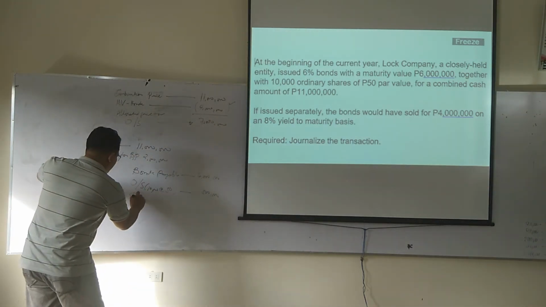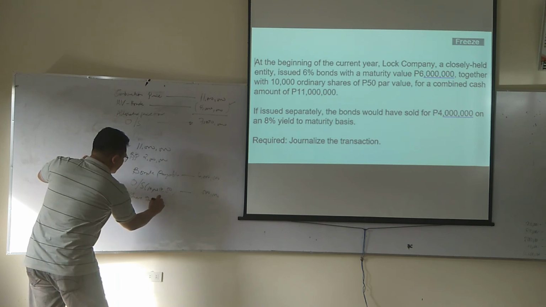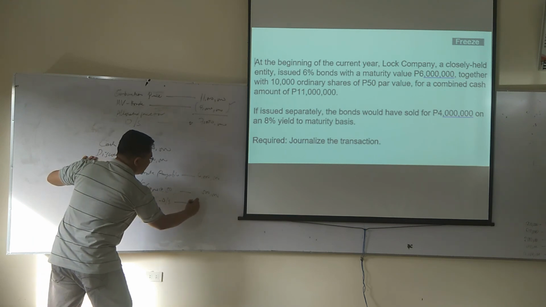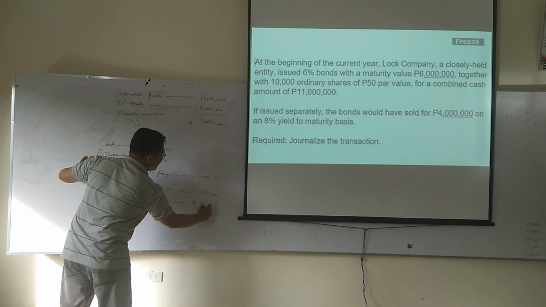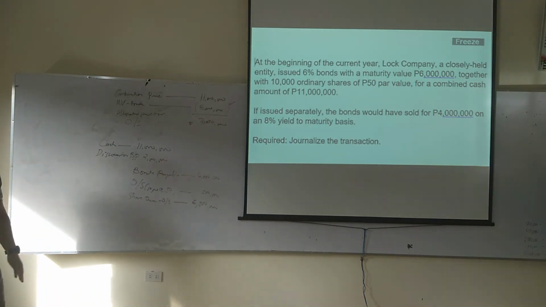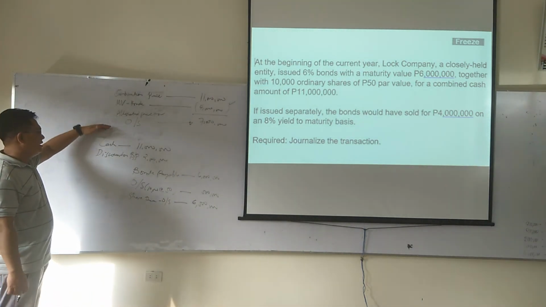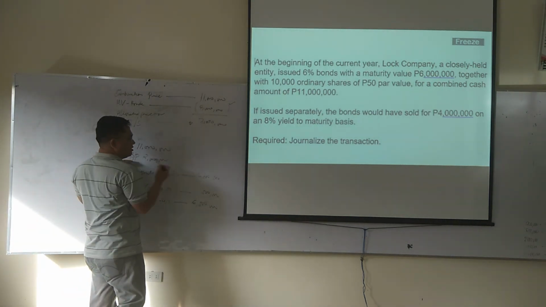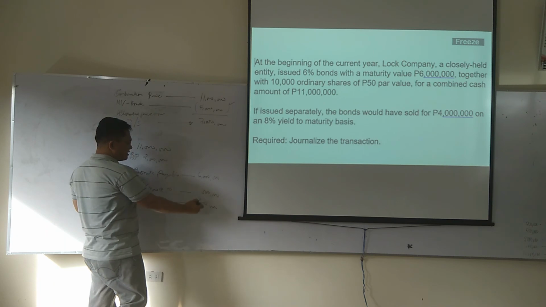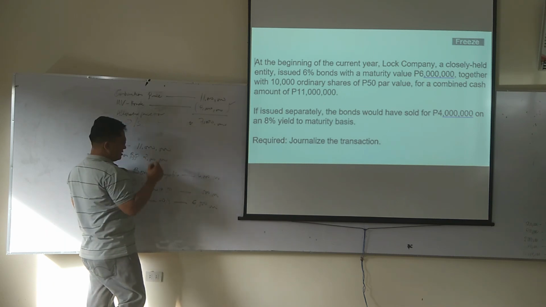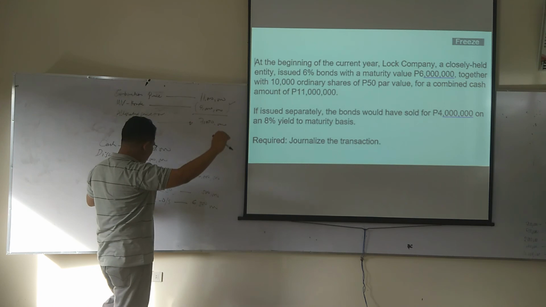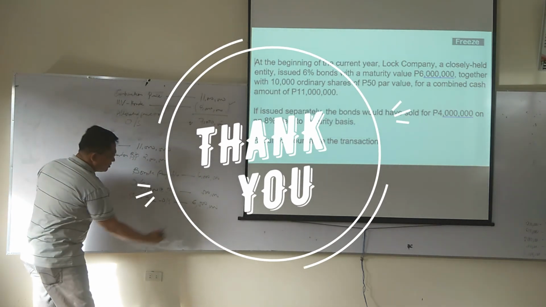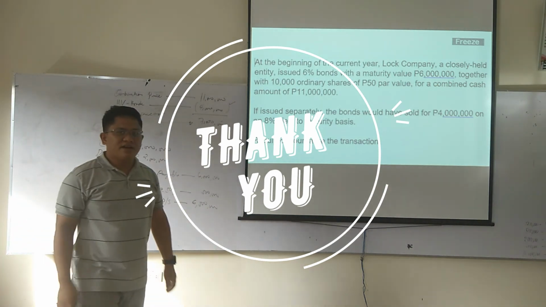Therefore, we have share premium on ordinary shares of 6,500,000. So debit cash 11 million, discount on bonds payable 2 million, credit bonds payable 6 million, ordinary shares 500,000, 10,000 at 50. And the difference, 7 million minus 500,000, share premium of 6,500,000.